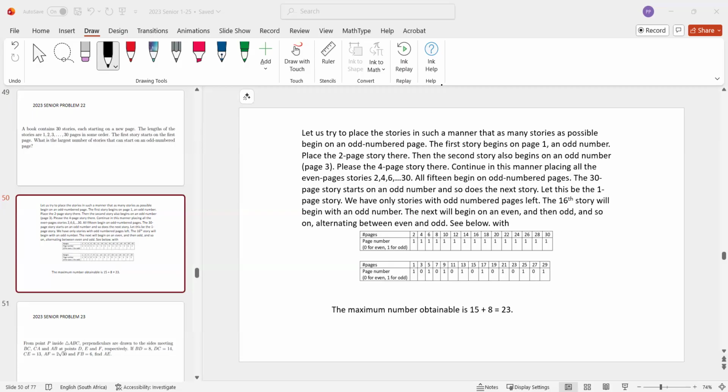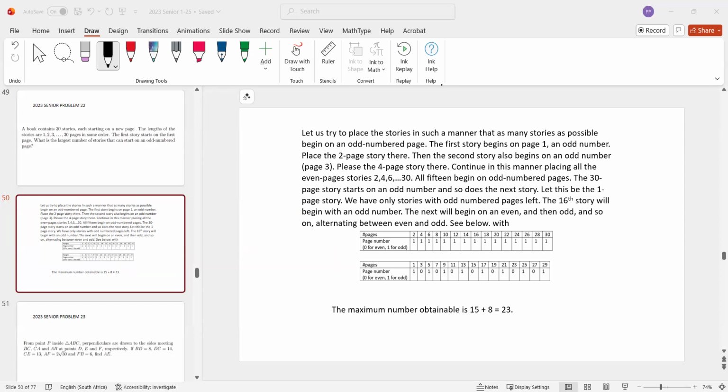And as I said, now when you add 1 plus 3, that becomes even. And so it becomes alternating like this. So you can think about this thing. But the important thing is you start with a 2-page story at page 1.